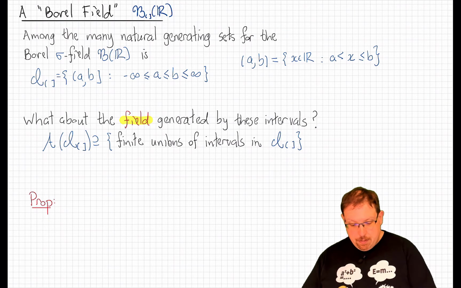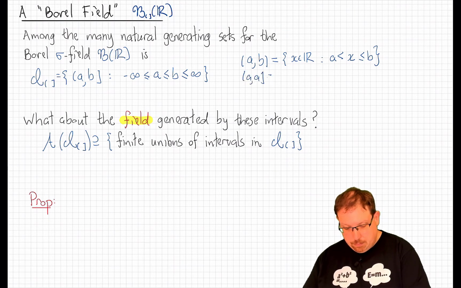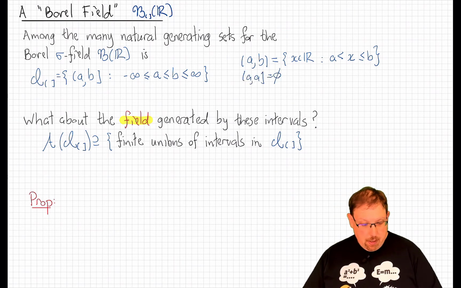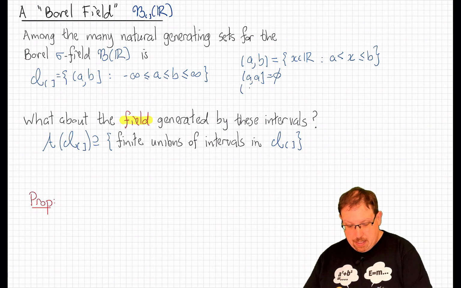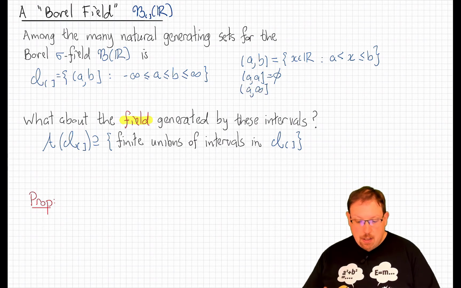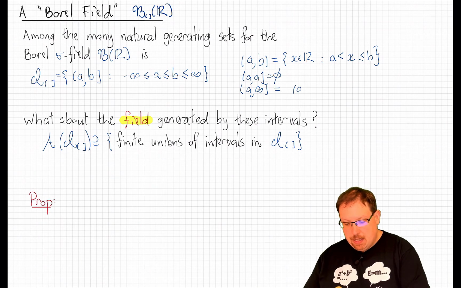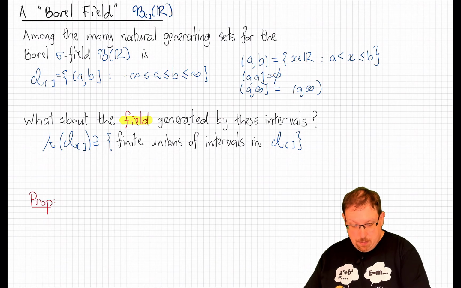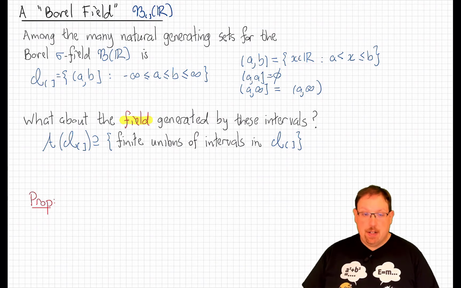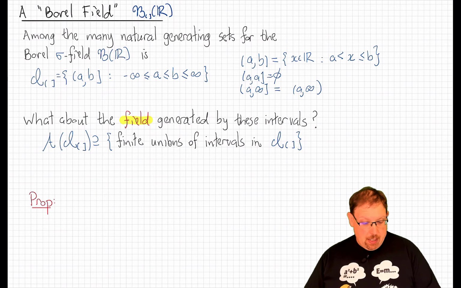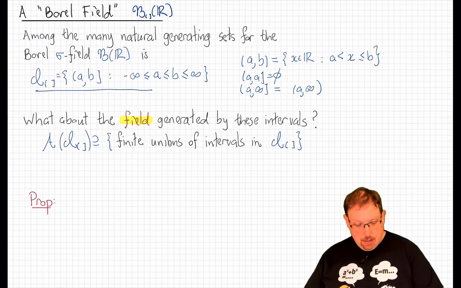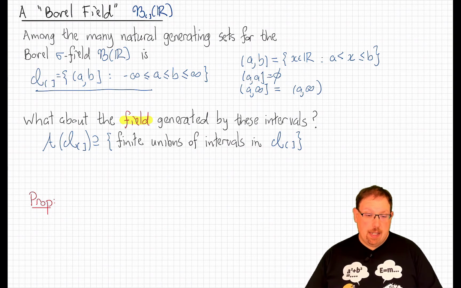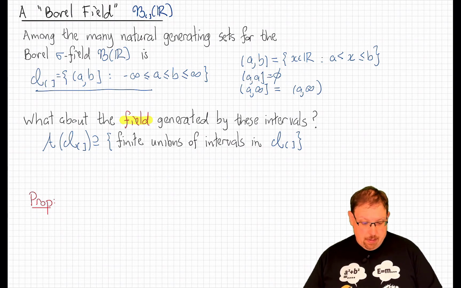By the same token, we also have that the set from a up to infinity closed for us really means a up to infinity open, because this is defined to be a set of real numbers, not extended real numbers. With that notation in mind, this set of intervals generates the Borel sigma field as a sigma field, but we're going to consider what it generates as a field.